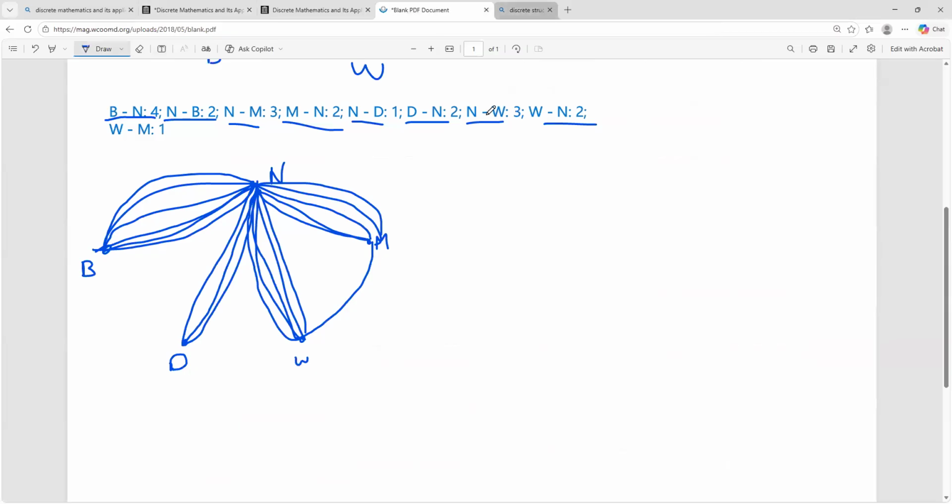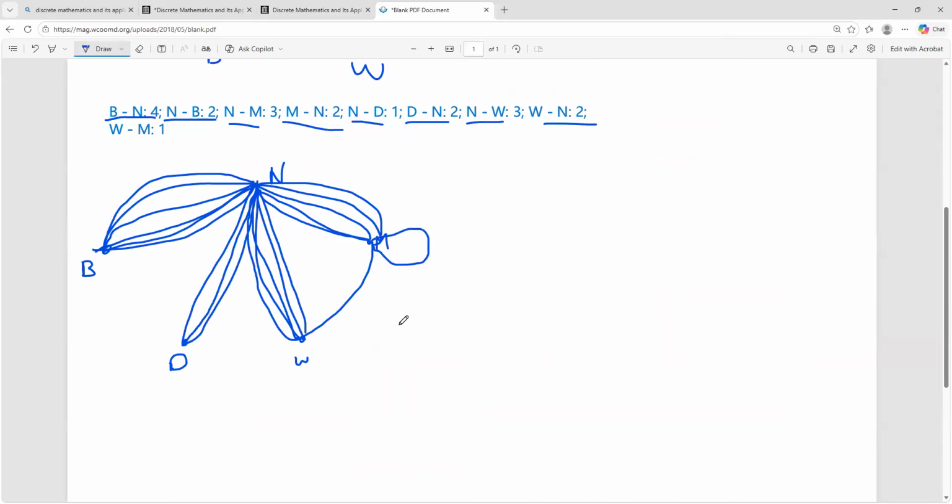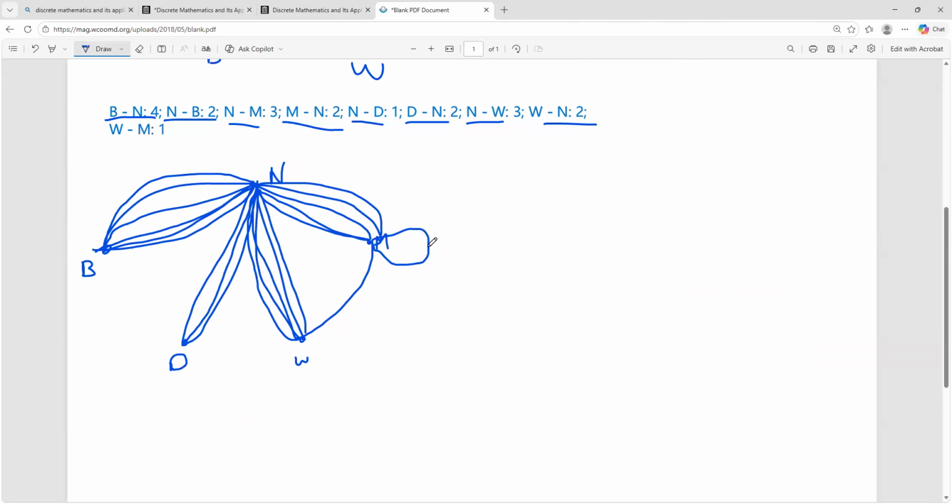Now we have the same graph, but with a self loop. So here's an example of a pseudograph, because it's undirected, we have multiple edges, but now we have a loop.